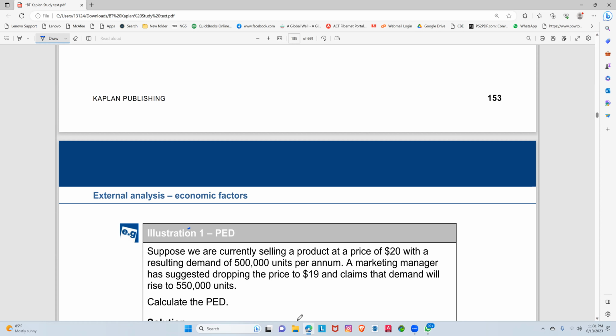How much is the percentage? 50,000 divided by 500,000, the quantity which was there at first. Okay. 50,000 divided by 500,000. And here how much will it be? 1 divided by 20, the difference. Then we have to divide these two.